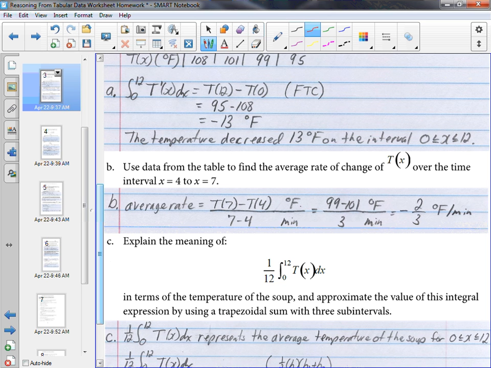So, it's y2, the value at 7 minus y1, the value at 4, over x2, 7 minus x1, 4. Again, those weren't y's and those weren't, actually they were x's. Can you do it? Okay, because if you can, those can be easy problems, can't they? All right, we good on B?